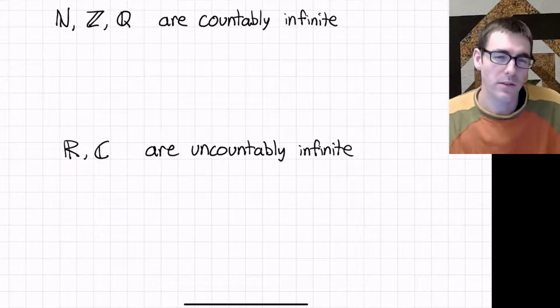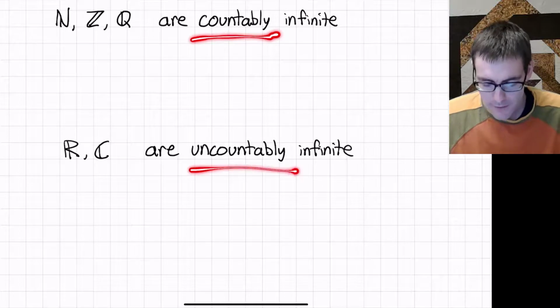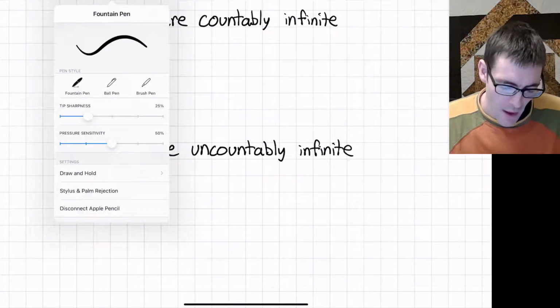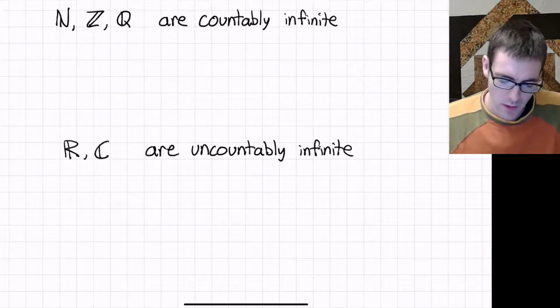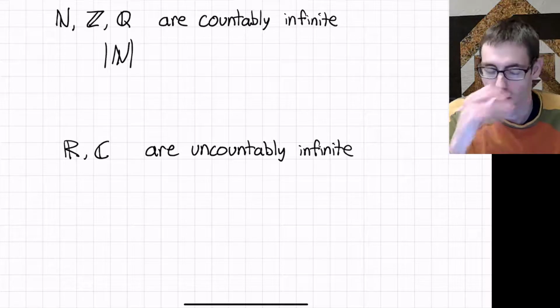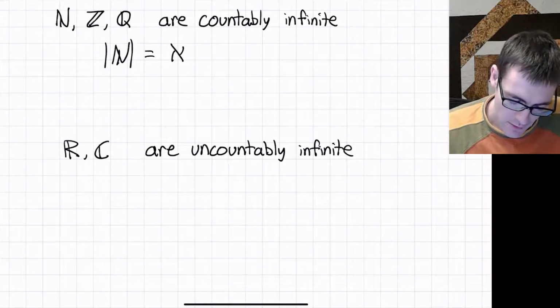So to distinguish this, the terminology that we usually use is countably infinite versus uncountably infinite. There, however, are other notations. The cardinality of the natural numbers is also known as aleph null.